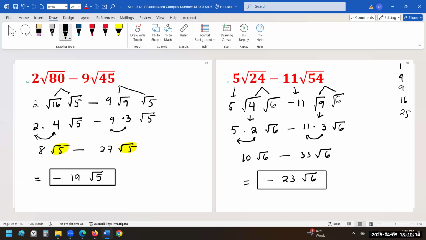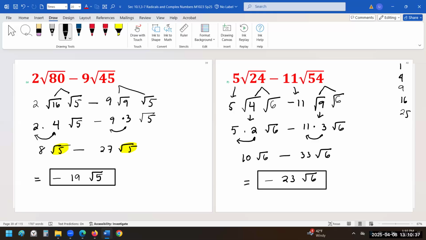No, 6 is not a perfect square number. Or 6 doesn't have any perfect square factor. It means you cannot divide 6 by 4 or 6 by 9. For square roots, you need to divide by a perfect square number.